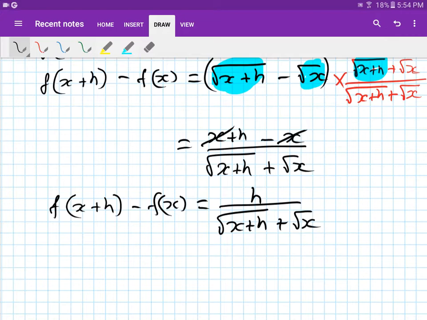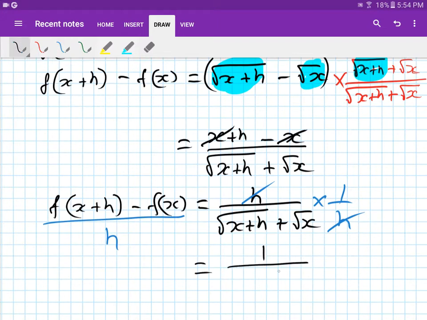See? Now I've divided by h. That means I just multiply by 1 over h, if you like. So this cancels out. Can you see that? So now it will give me 1 over square root of x plus h plus square root of x.